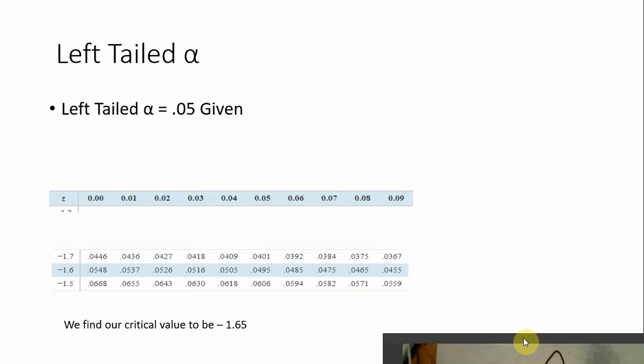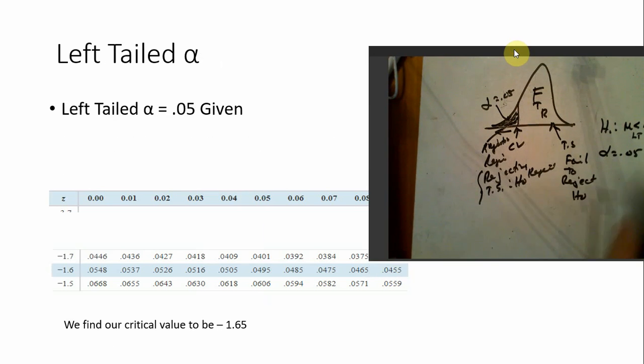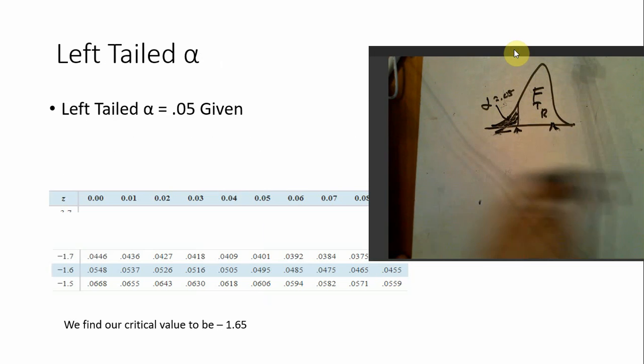So let's look at some of these things. If I did a left-tailed, here would be the left-tailed version, and I'm given 0.05. I want to test at that 0.05 level. The area's to the left, so that's directly in here. I just need to find that 0.05. Either one of these, and again, I'm going to do the 1.65, where those two cross.